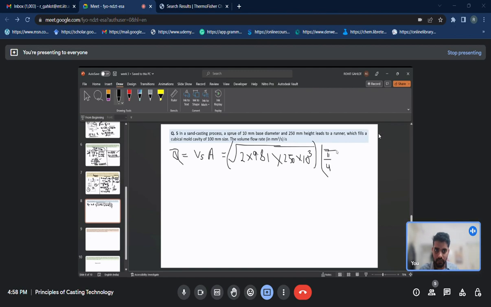If you take the units equal, then 10 to the power 3 will come, and then you multiply it by pi by 4 times the diameter 10 square. By solving this, you will get around this.